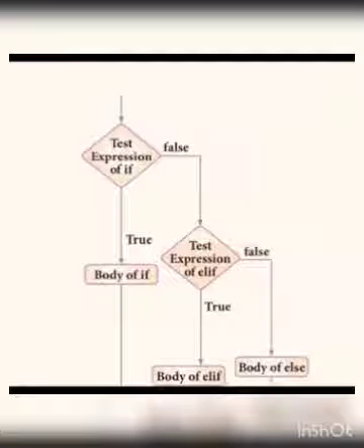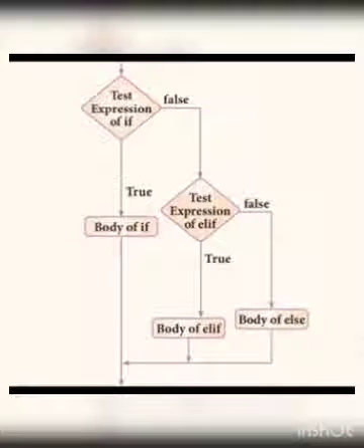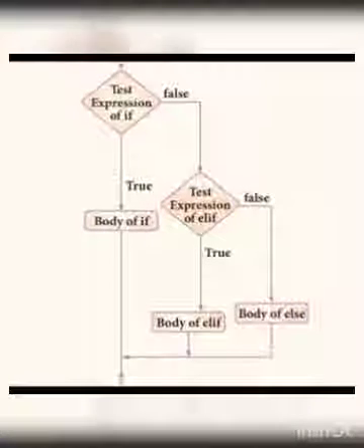If the condition is true, then in the body of if, your grade will be A, so that message will be displayed. If the condition is false, then the next condition will be tested. If that is true, then the body of elif will be executed. If that condition is also false, then the next condition will be tested.